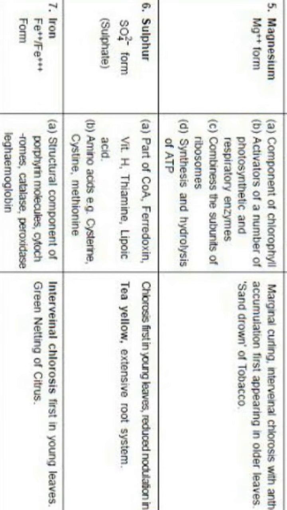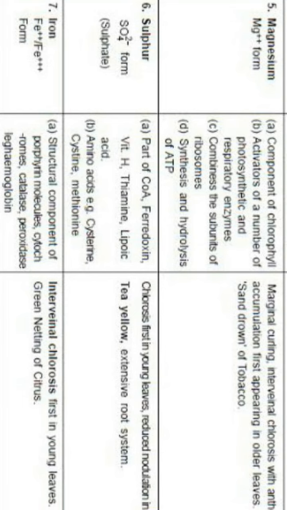It is nothing but sulfur. Plants obtain sulfur in the form of sulfate, SO4 2-. Let us see in which parts of the plants it is required. It is part of CoA, ferredoxin, and vitamins like thiamine, lipoic acid, and amino acids, for example cysteine and methionine.